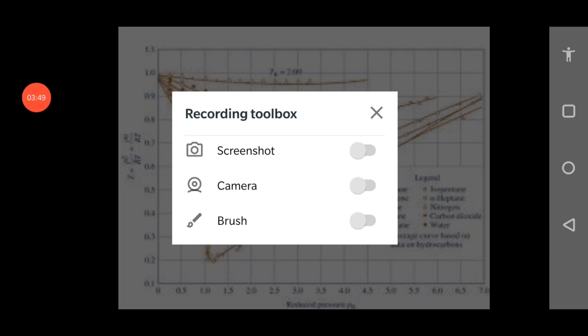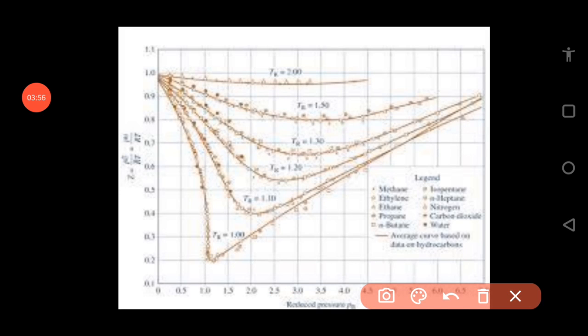Now you can see, using this chart, this is very important. We have to understand how to use it. I will show you. The reduced pressure is 2.5, so this is the 2.5 line, and I will draw this line like this.